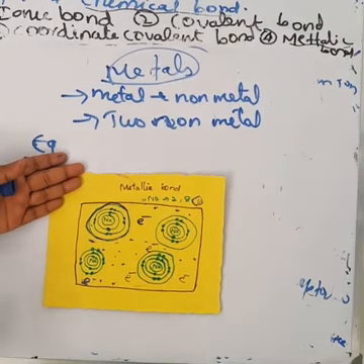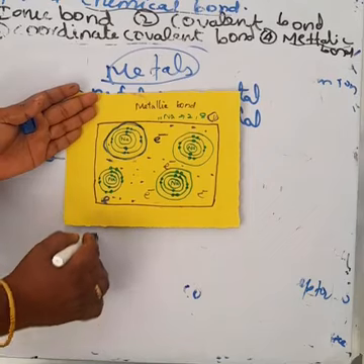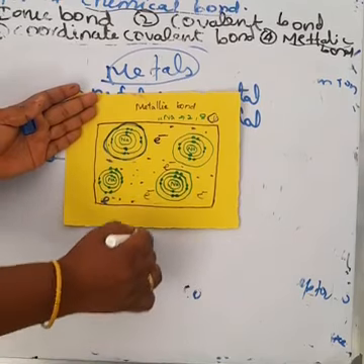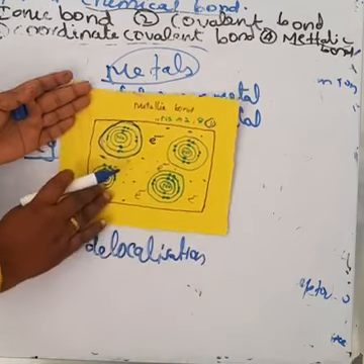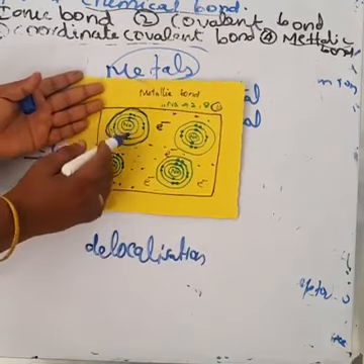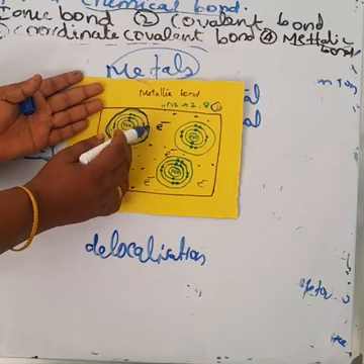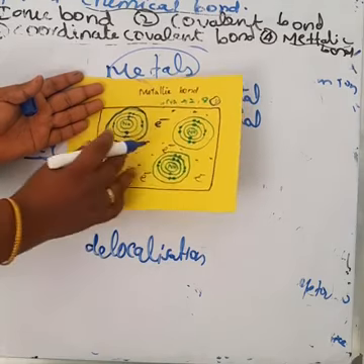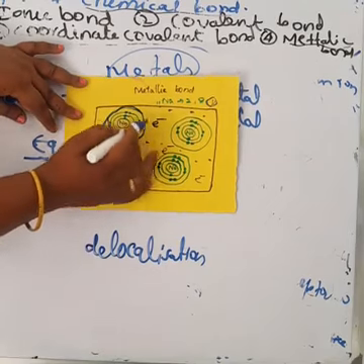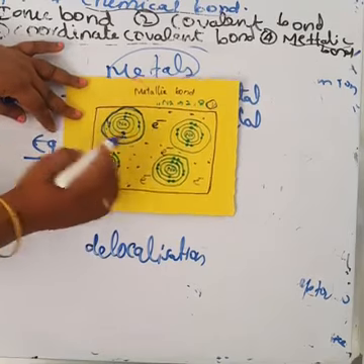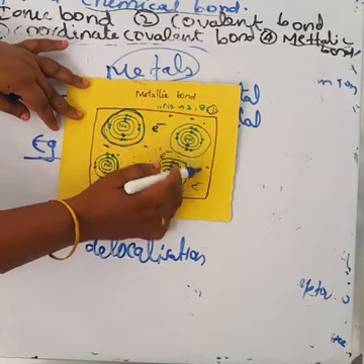For example, this is the outermost orbit of the sodium atom, and this electron, instead of orbiting its own atom, joins the sea of electrons.